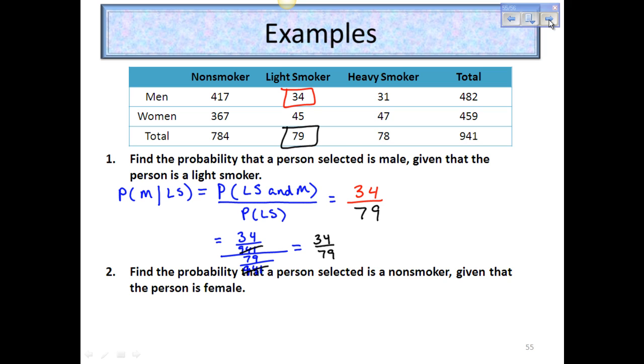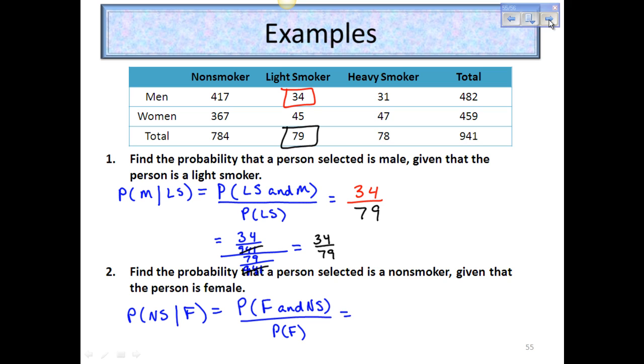Example 2, find the probability that a person selected is a non-smoker given that that person is female. So we've written it in the order it is in the problem. Now let's change the order for the formula. So the probability of female and non-smoker over the probability of female.